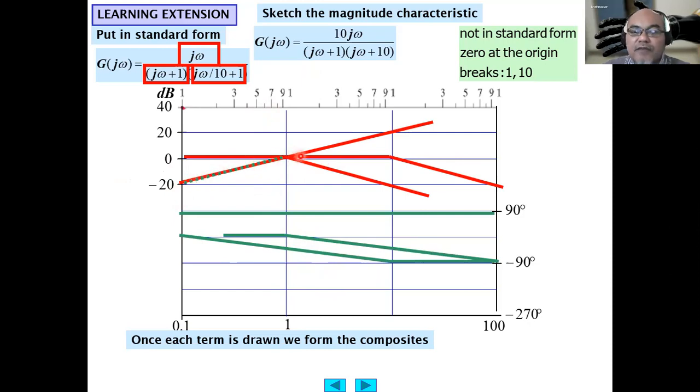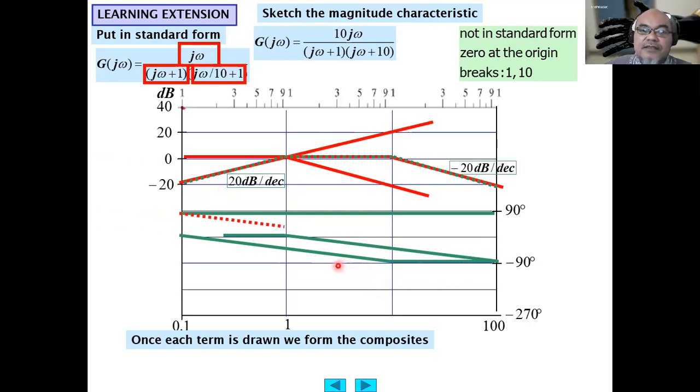After that, between 1 and 10 radian per second, the increasing and decreasing components cancel each other, so we only have a flat component here. After that, this will cancel with this one, then we have only this decreasing component, minus 20 decibel per decade. So this is the magnitude characteristic.